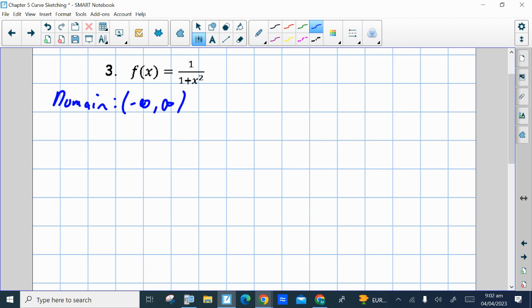If we look for our intercepts, our x-intercept is where y equals 0. And remember that a rational function equals 0 when the numerator equals 0. The numerator is a constant. It can never equal 0. So there is no x-intercept.